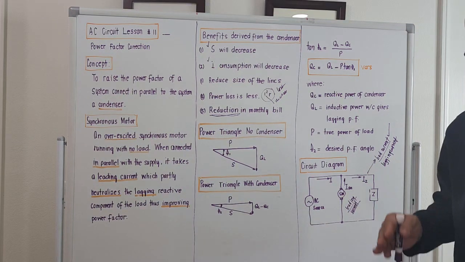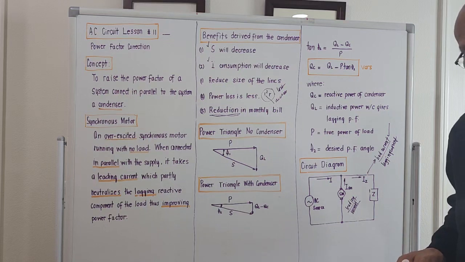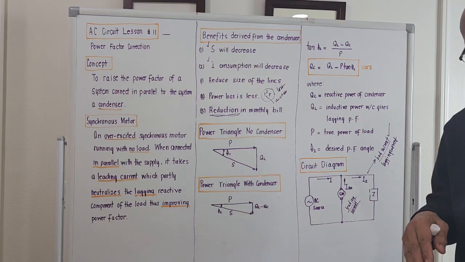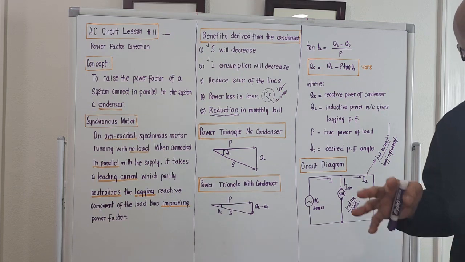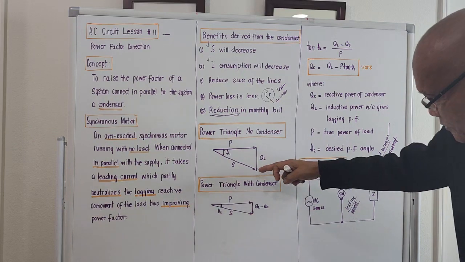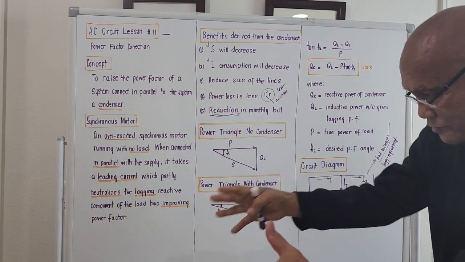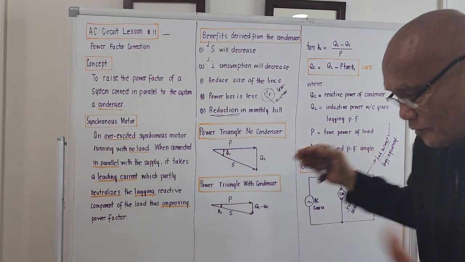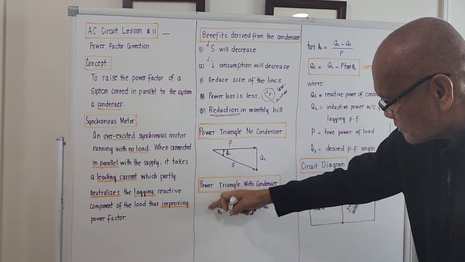That's why Mr. Elon Musk is introducing a gadget, and I know that the one inside the gadget is actually a power factor corrector. Because this is the original power triangle without that gadget. With the introduction of that gadget, the resulting power triangle will be less.